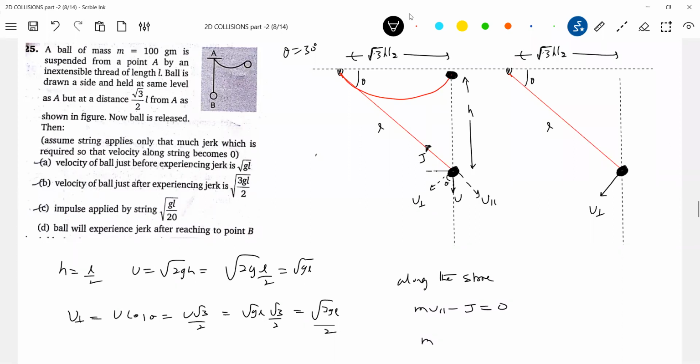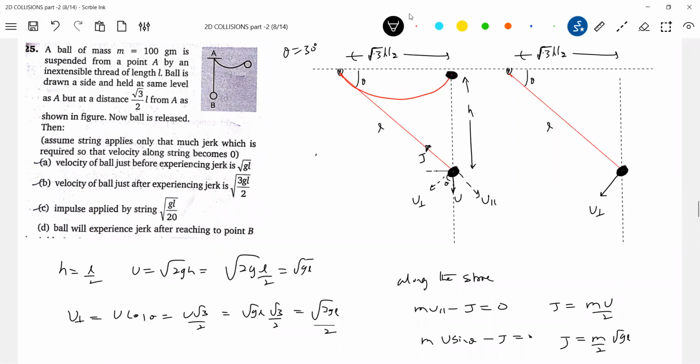So m u parallel should be equal to m u sine theta. U is root gL. If you substitute the mass of the bob, then look at the value here.